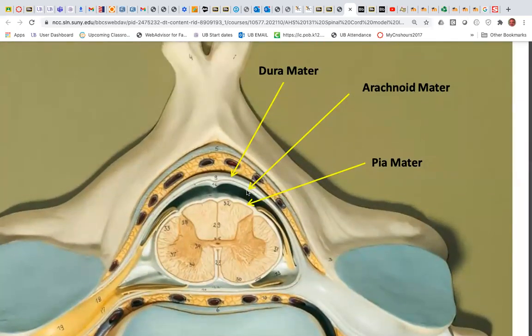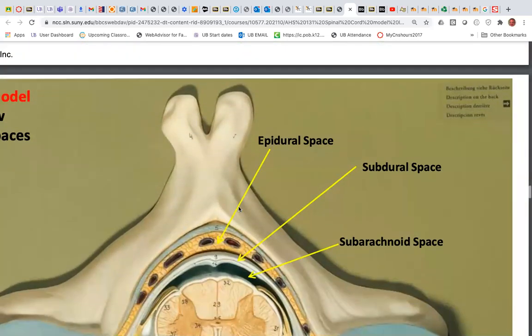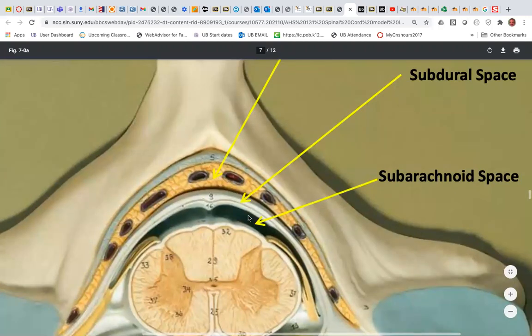Again, pia mater, arachnoid, and dura mater. Now we have some spaces as well. There's an epidural space, subdural space, and a subarachnoid space. So between the arachnoid, number 16, and the pia, there's this large gap right here.